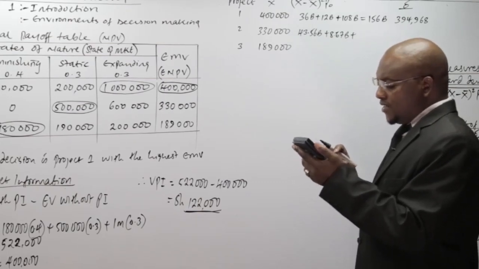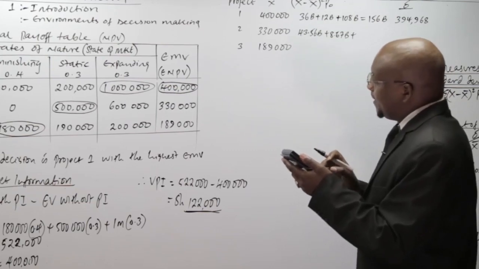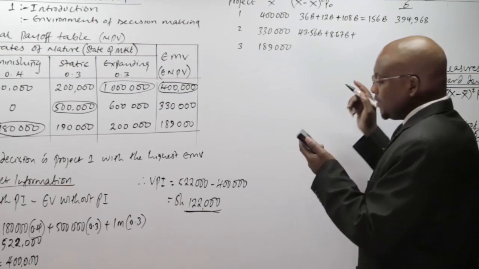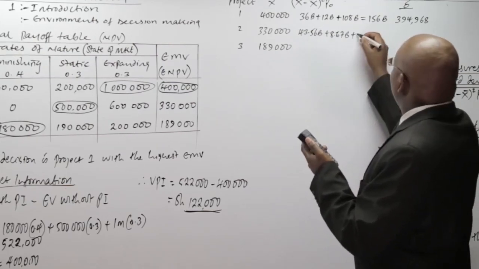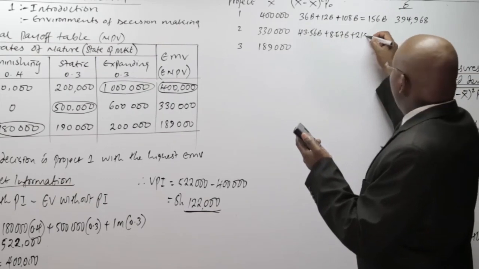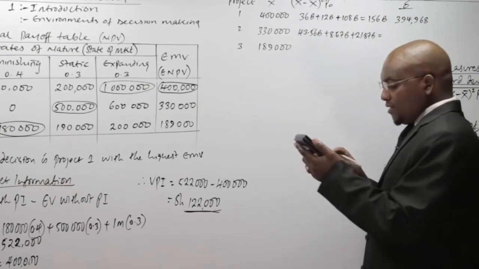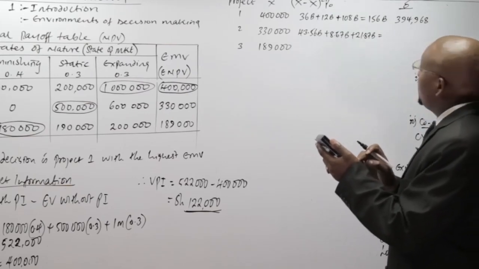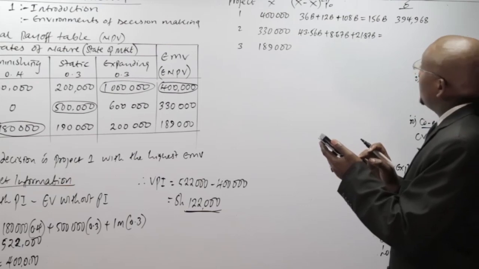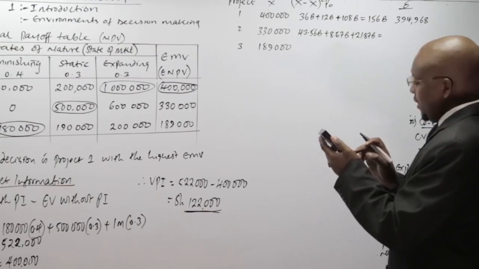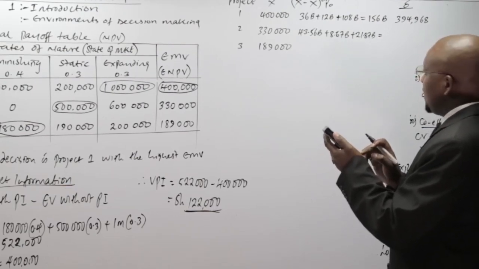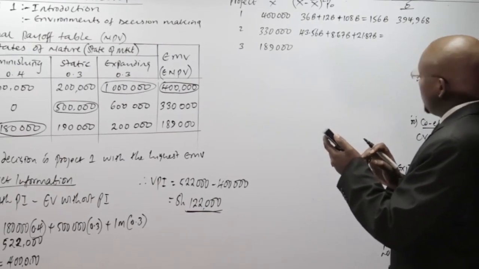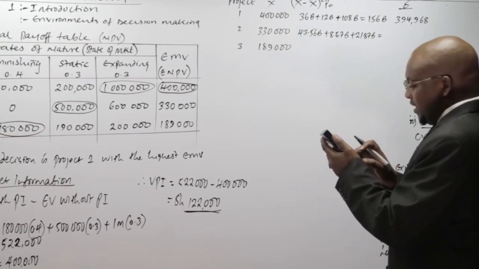Then square it, then multiply by 0.3. This is giving us 21.87 billion. So when you add this, it will give us 43.56 plus 8.67 plus 21.87.